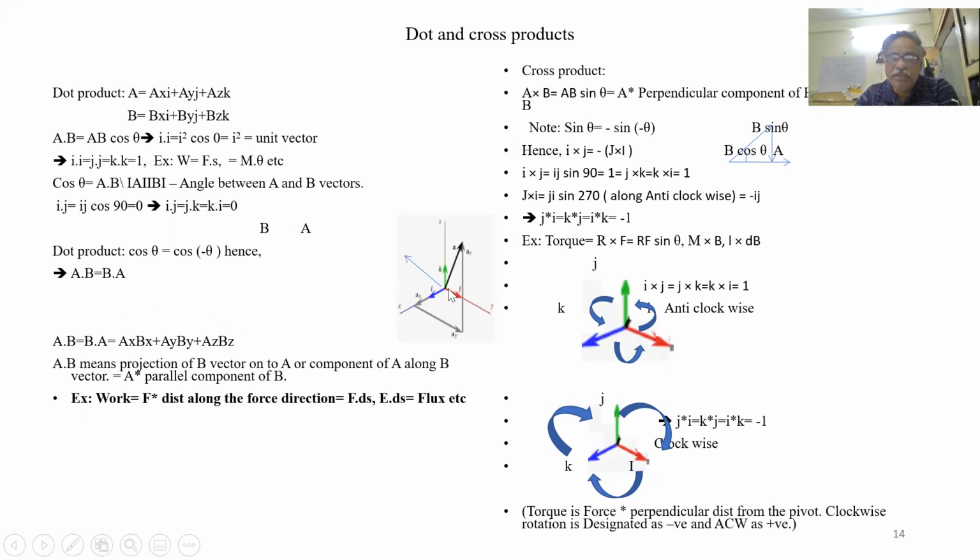So let us say this is a force, this is a direction. So we have XYZ components. Along X, we have F dot X. This is F dot Y, F dot K. This is K direction, this is X direction, this is Y direction.